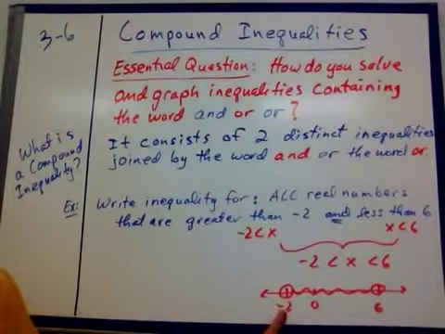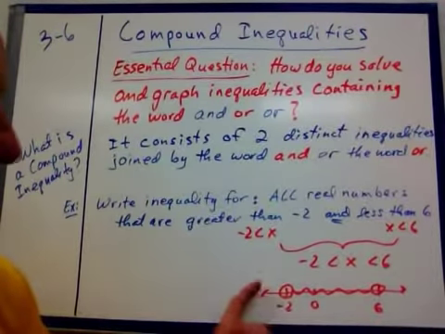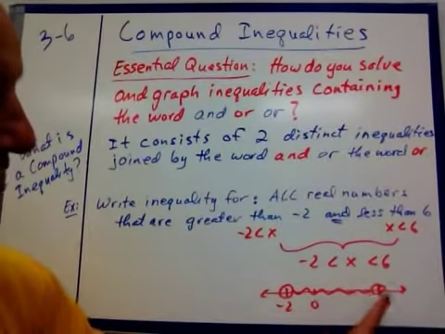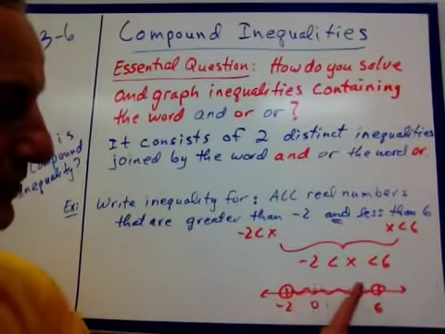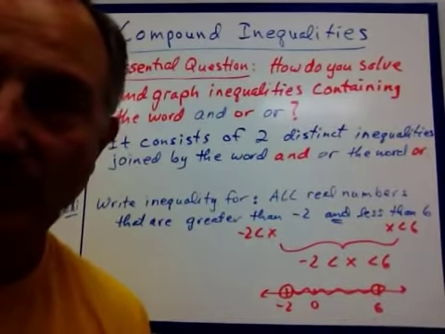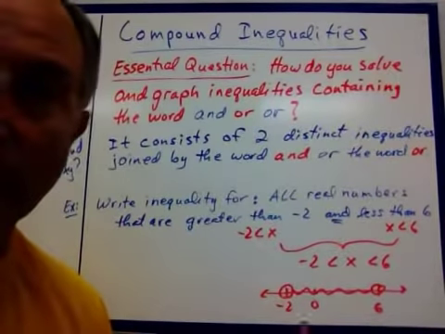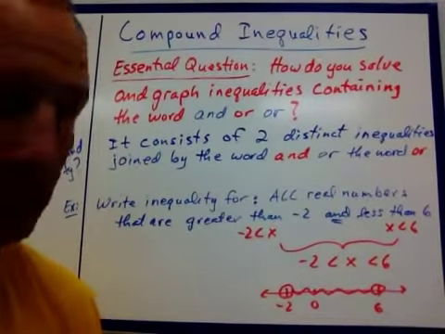Graphically, you'd have the circle at -2 because there's no equal, and you'd shade to the right because x is greater. Here you'd have the circle on 6 and shade to the left because x is less than. So we're looking for the real numbers between -2 and 6. That's an and problem. Any number in there would solve this one and that one.